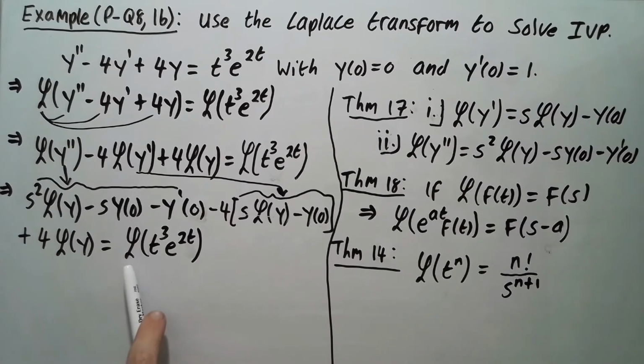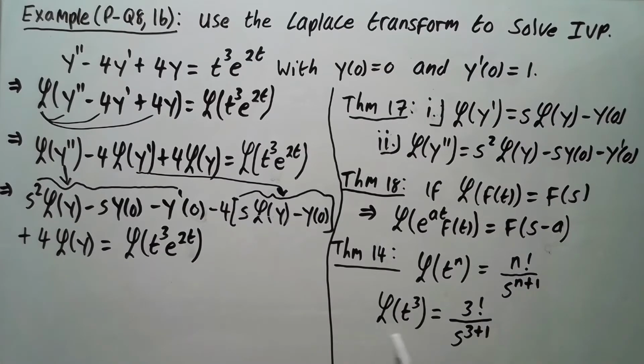Now let's work on the Laplace of t cubed e to the 2t. Let's first find Laplace of t cubed. Let me write it over here. So the Laplace of t cubed, n would be 3 here.